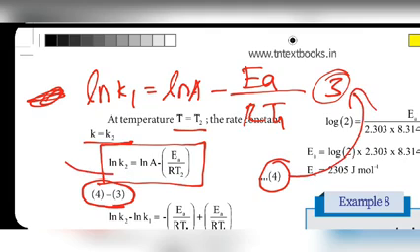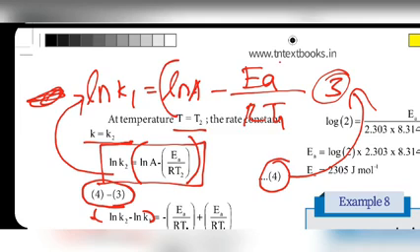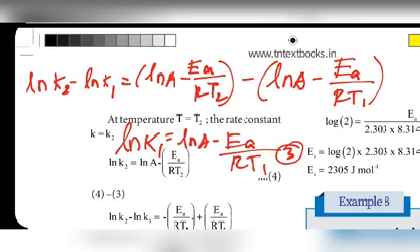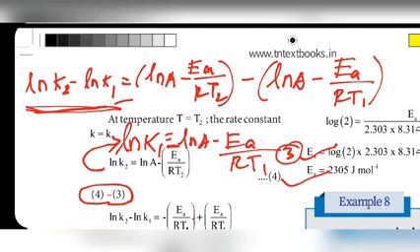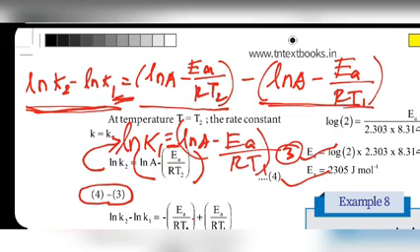So on the left hand side, ln k2 minus ln k1 is equal to, on the right hand side, ln A minus Ea by R T2 minus ln A minus Ea by R T1.